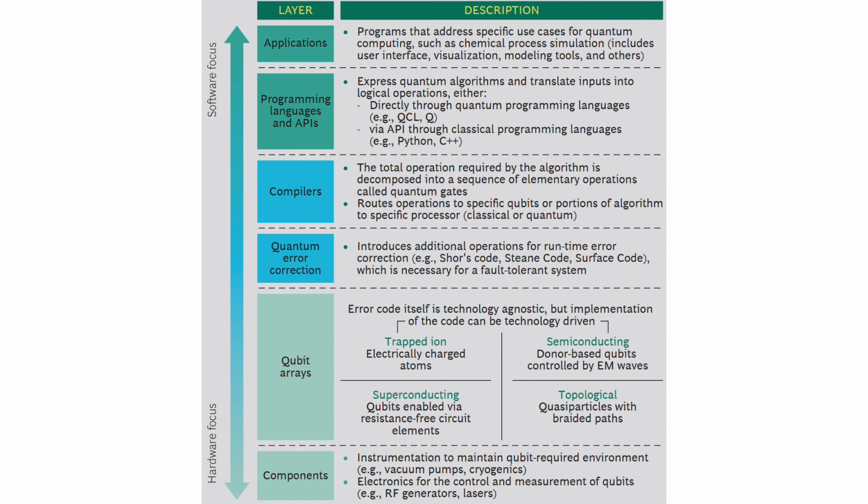There are languages and APIs that programmers can use on top of these compilers. And then there are software teams, application developers, who can then use these APIs to embed quantum capabilities into their programs.